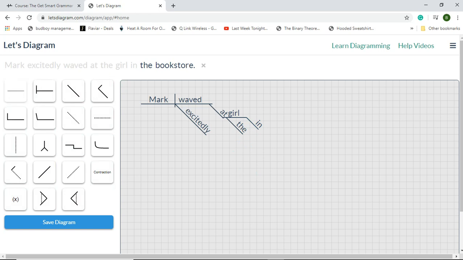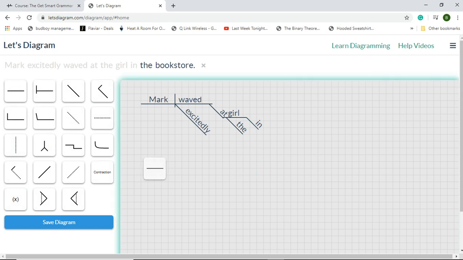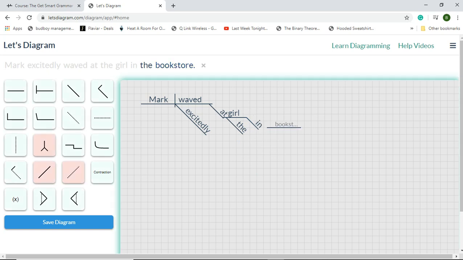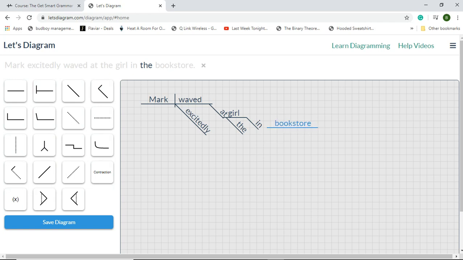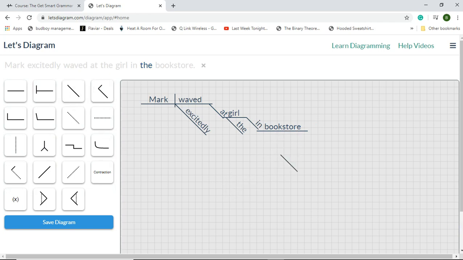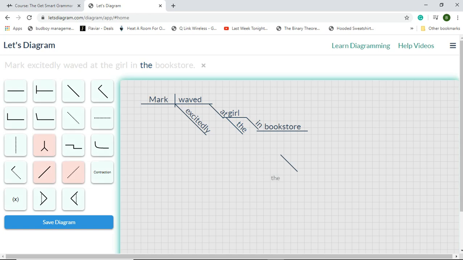Bookstore is our object of the preposition. It goes right there. Okay. And the is an adjective modifying bookstore. Which bookstore? The bookstore.